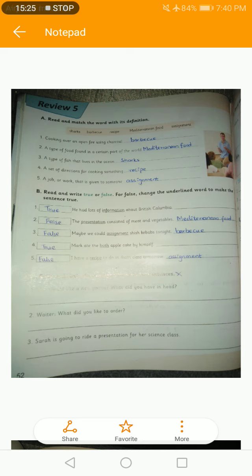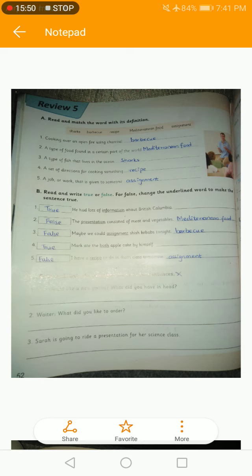In exercise A, we have to read and match the words with a definition. We have the words and we have to look at the definitions and then match the words with the correct definition. Sharks, barbecue, recipe, Mediterranean food, assignment. Look at the first definition. Cooking over an open fire using charcoal.